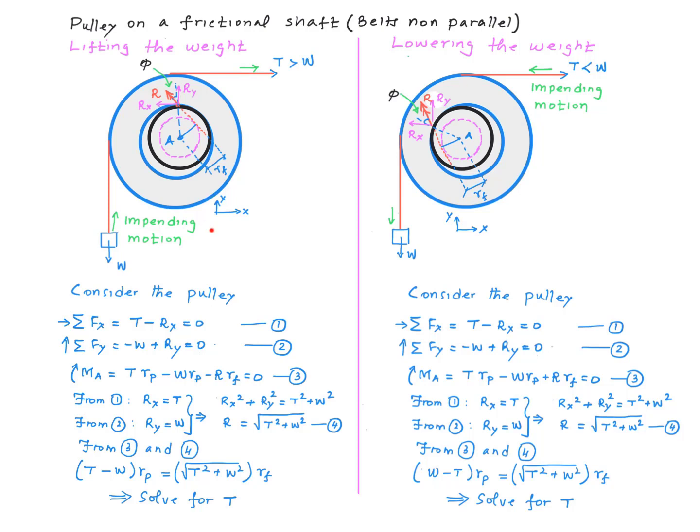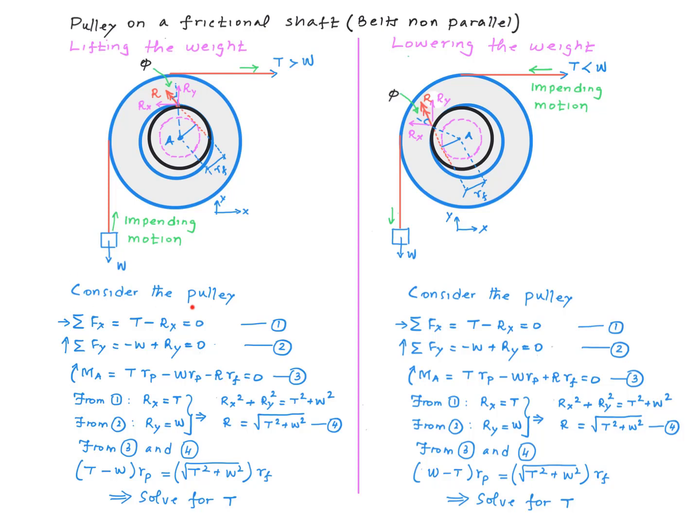Let's consider the XY coordinate system shown over here. X is taken to be horizontal, Y is taken to be vertical. It turns out that if you take the resultant R and resolve this into an X component Rx and a Y component Ry, the analysis is a little easier.